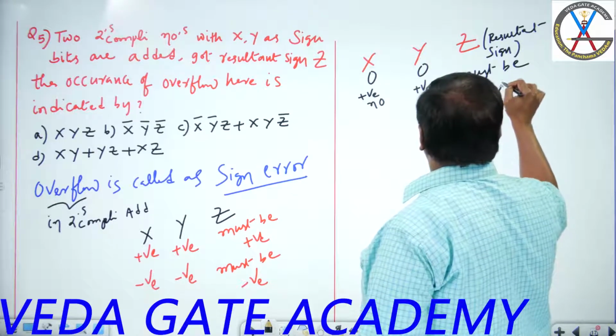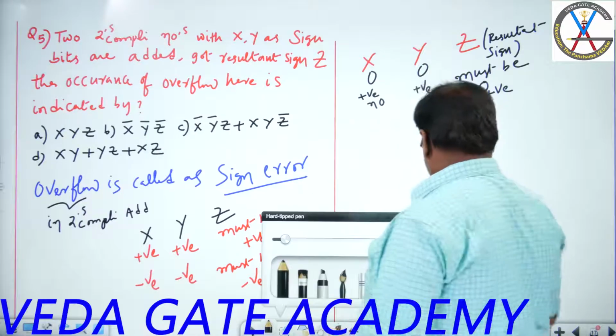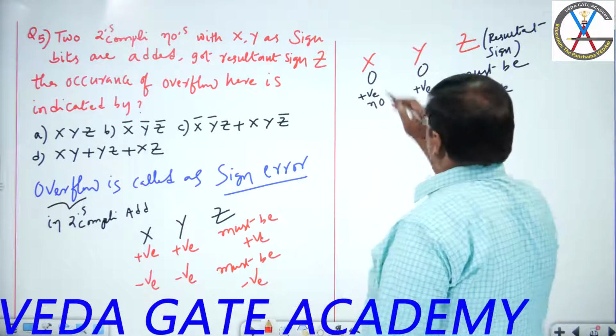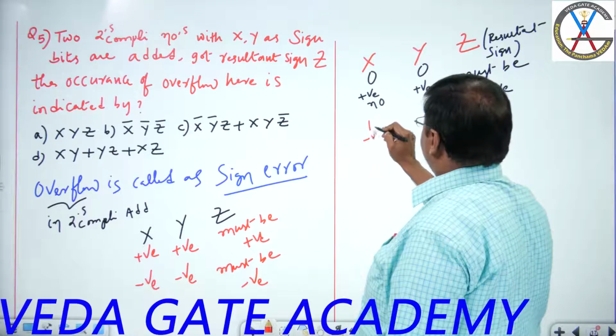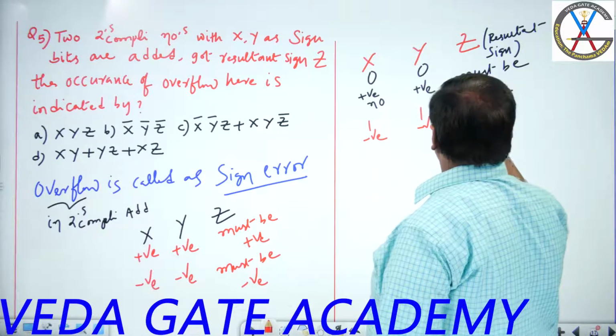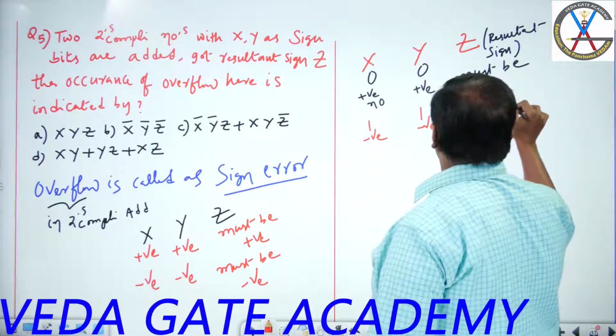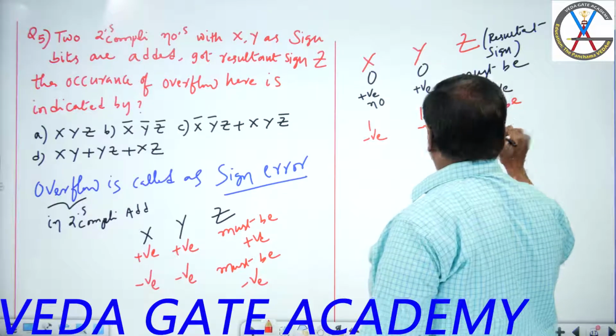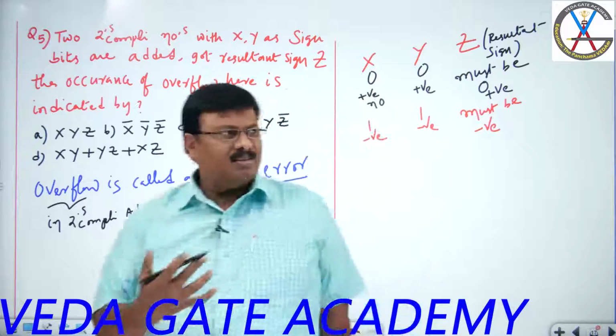That means positive. Repeat the next line. X is 1, negative number. Y is 1, negative number. Z, the resultant sign, must be negative. If it is not that, then it is an error.